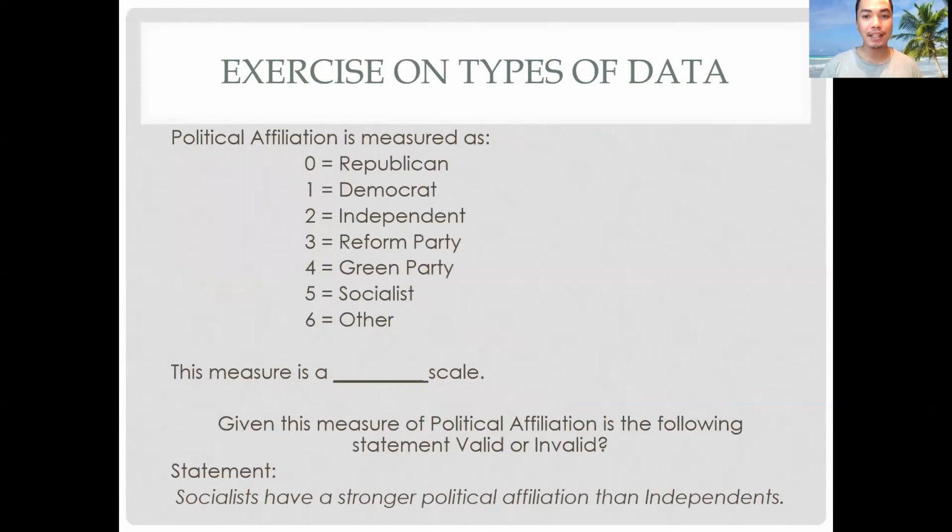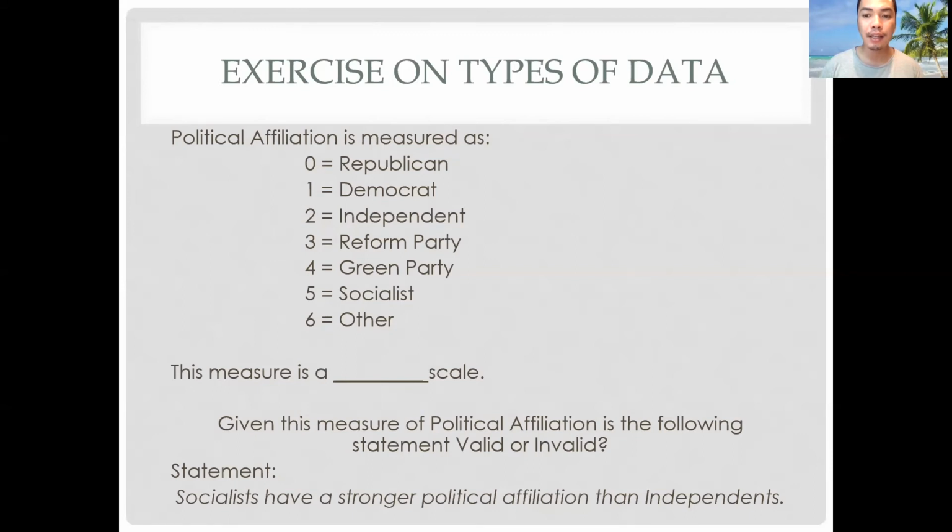Now, let's proceed. Let's have another exercise. Political affiliation is measured as 0, 1, 2, 3, 4, 5, 6. So with a value of 0, Republican, 1, Democrat, 2, Independent, 3, Reform Party, 4, Green Party, 5, Socialist, and 6, other. So this measure is a blank scale.